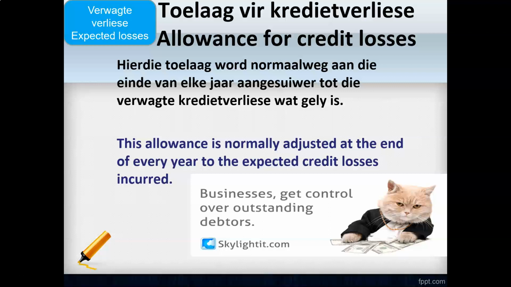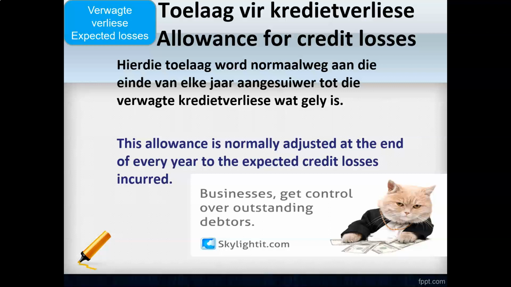Now, if I've been in business for quite some time, I can gather statistics and I can know that, let's say, over a 10-year period that I've actually looked at the collection of outstanding debt, I have found that on average, I only collect 95% of outstanding debtors on an annual basis. So it is then safe to assume that whatever my outstanding debtors amount is at the end of the year, I will only collect 95% of that outstanding debt in the next financial year.